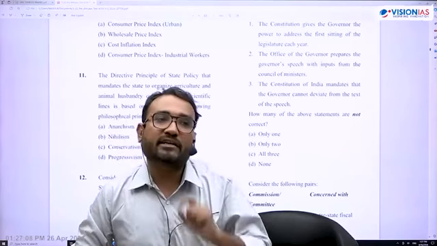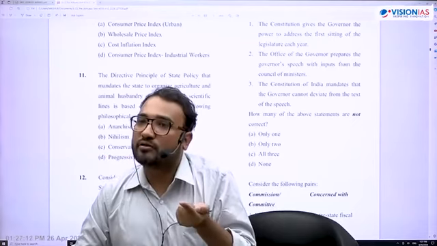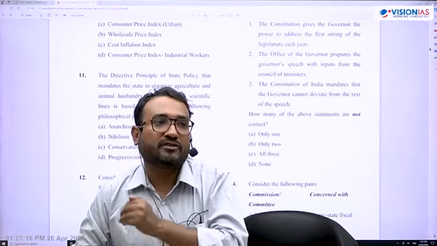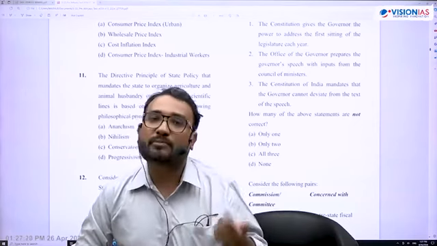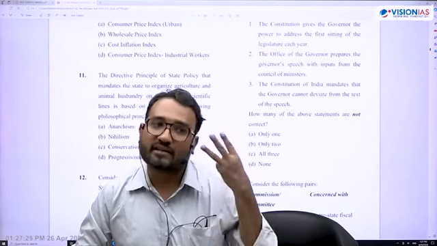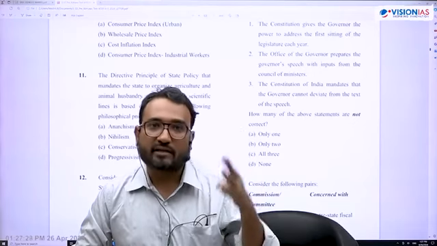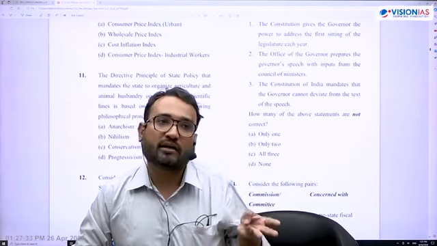Again, in Article 48, animal husbandry and agriculture on scientific lines is a liberal intellectual principle, but the second part, ban on the slaughter of cows, calves and milch and draught cattle, is a Gandhian principle. So you cannot say that one particular article falls under the socialist principle or the Gandhian principle, because there are three articles, Article 43, Article 47 and Article 48, that fall under two brackets: Gandhian and socialist, or liberal intellectual as well as Gandhian.